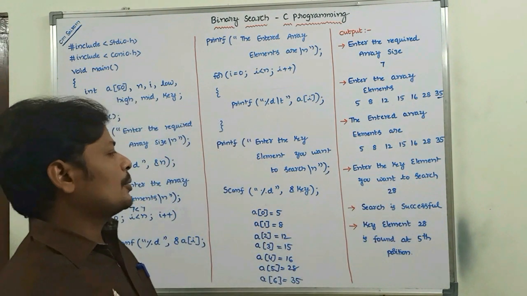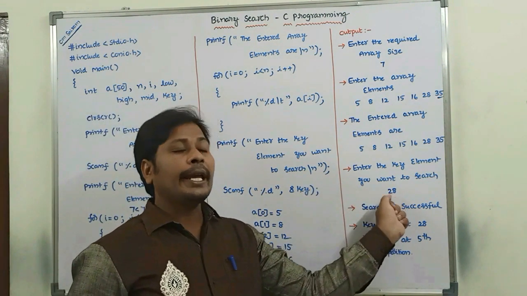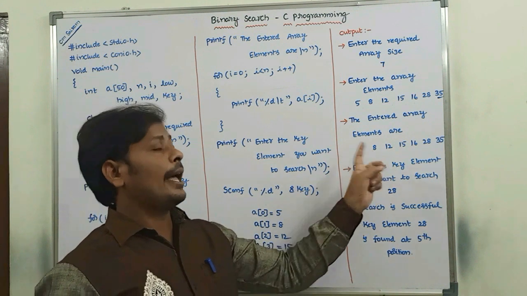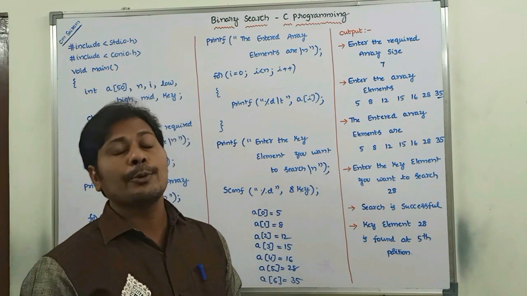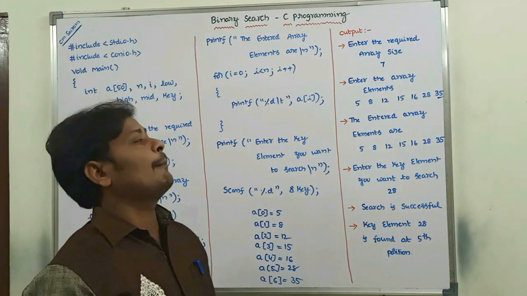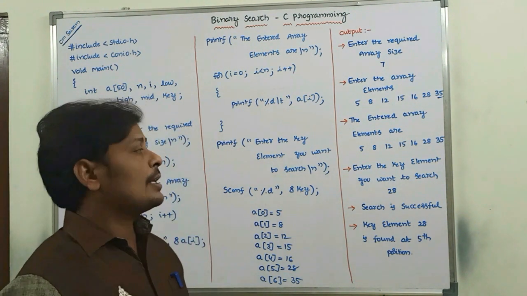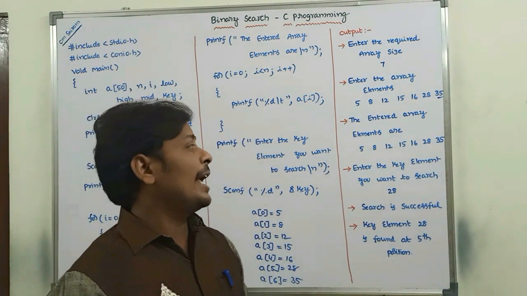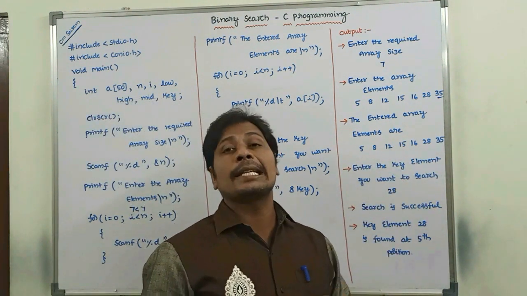Now, is the key element 28 present in the given array or not, by using the binary search technique. Before going to the binary search, first you have to observe the array elements. The array elements are always in ascending order.